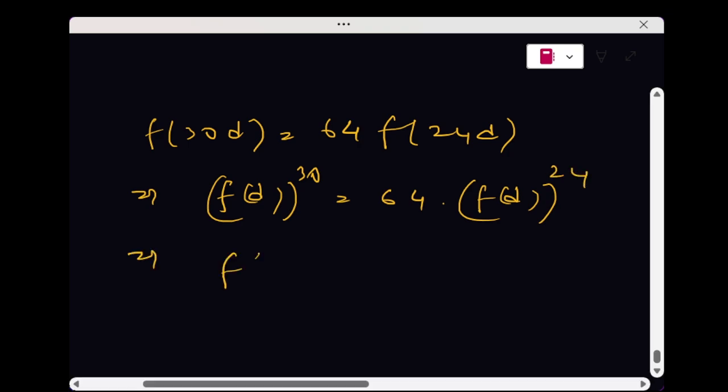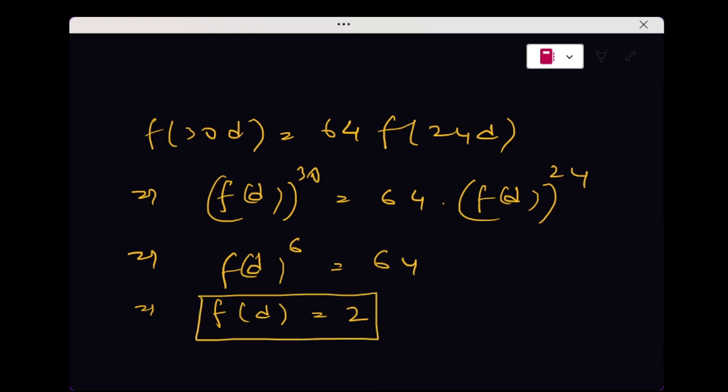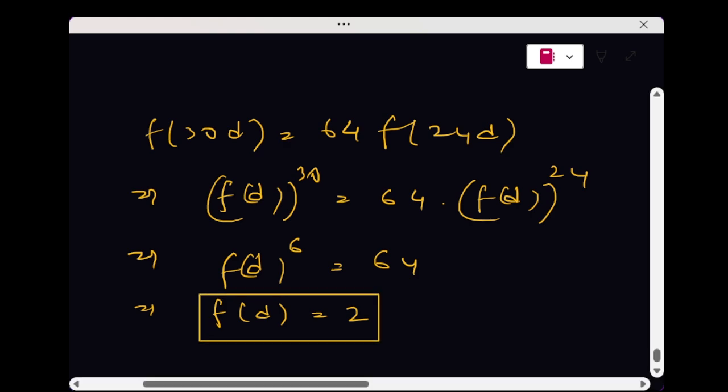So we get f(d) to the power 6 equal to 64, and hence f(d) will be equal to 2. So this is what we need for this moment.